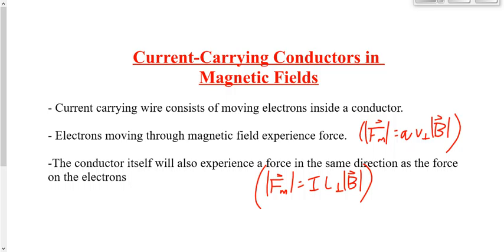And we could find that direction by using the deflection rule. If it's electron current, we'd use the left-hand deflection rule. If it's conventional current, we'd use the right-hand deflection rule.